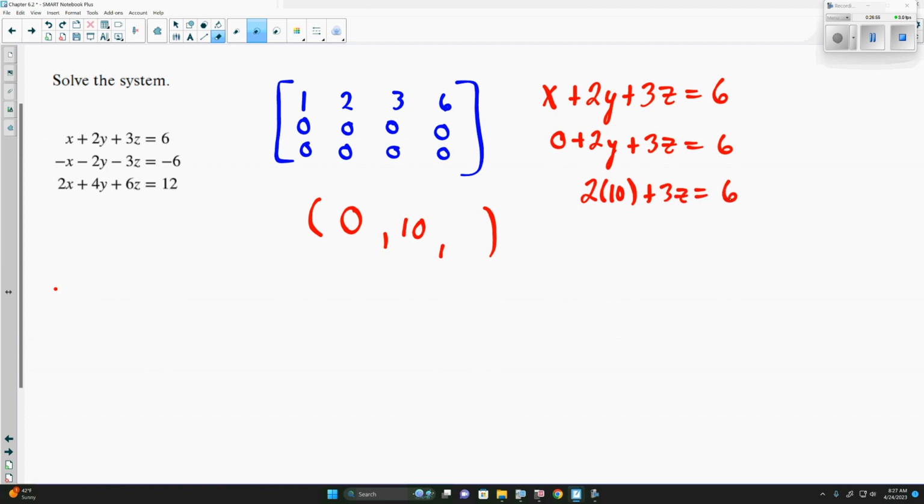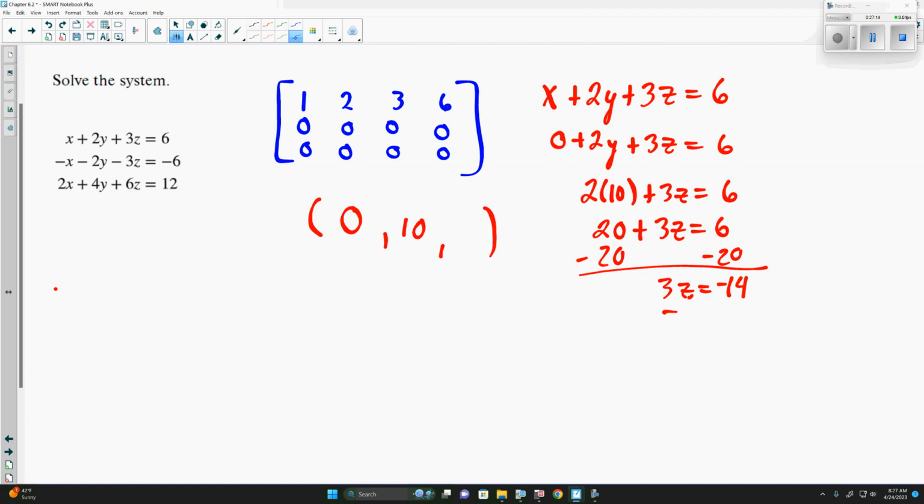Now at this point we can't really pick a value for z because this still has to be true. Well, 2 times 10 is 20 plus 3z is equal to 6. Divide by 3. Z is equal to negative 14 thirds. There's one solution.